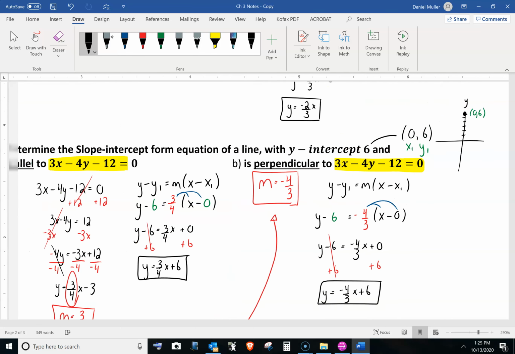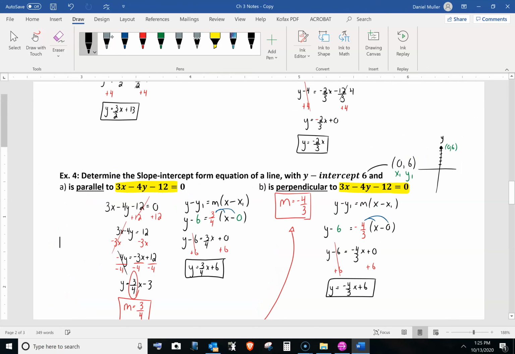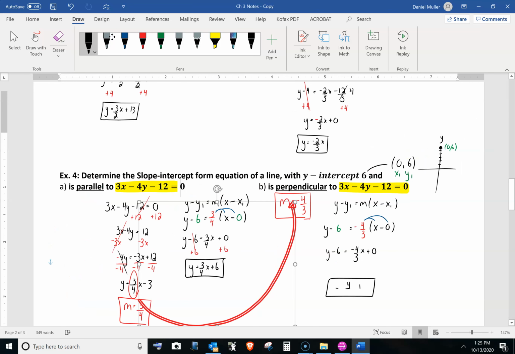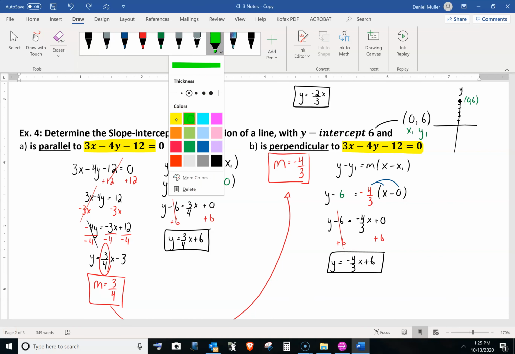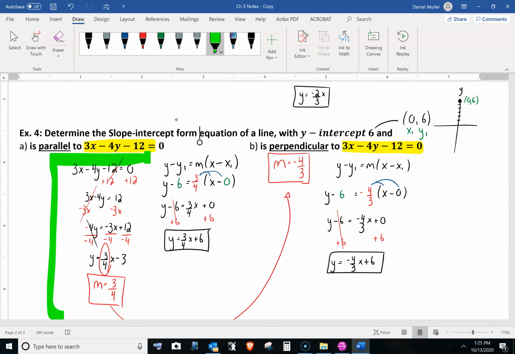So there's the question. I think this is actually an extremely time-consuming and fairly complicated question. To recap what I did here, I had to figure out what my slope was. So it said, hey, it's parallel to this thing, but this thing didn't tell me anything.